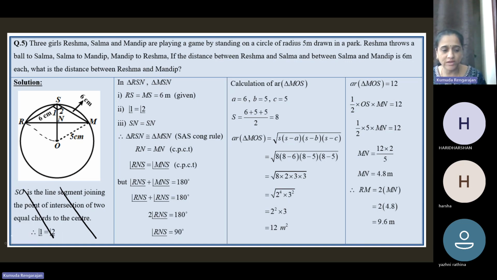Yeah, draw the figure. We'll do it together. Write the question. Draw the figure. It's meter everywhere. Please don't write centimeter.